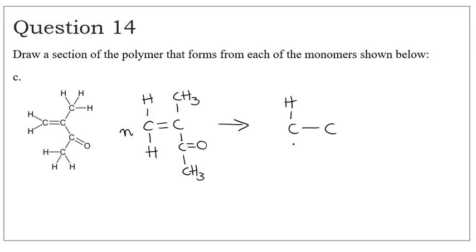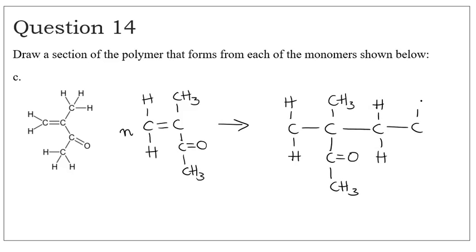H, H, and then we have a CH3 up here. You have a C double bond O followed by a CH3. Sometimes I make this a little bit longer just so that the result is not too crowded. Once again, don't worry about the location of the branches.